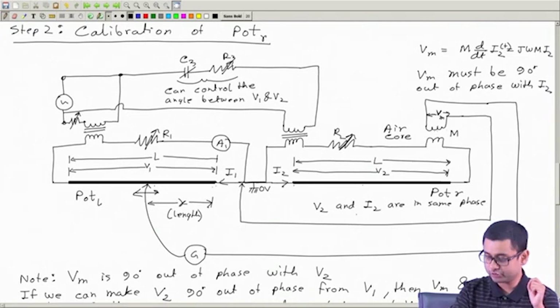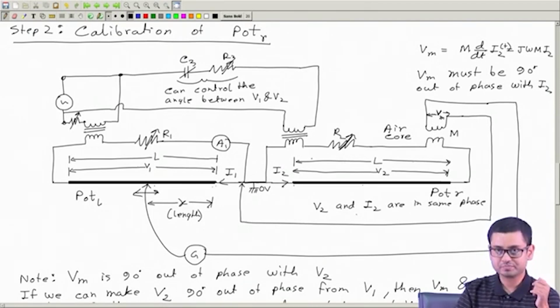Therefore, this secondary voltage Vm will also not be exactly at 90 degrees from the current I2. But in case of air core, there is no hysteresis lag, and that is why this transformer must be air core. That is important.